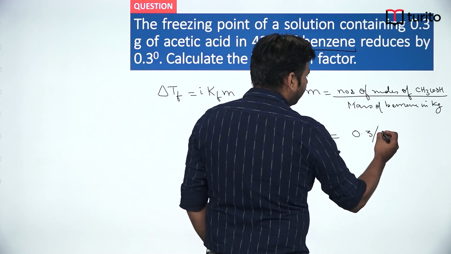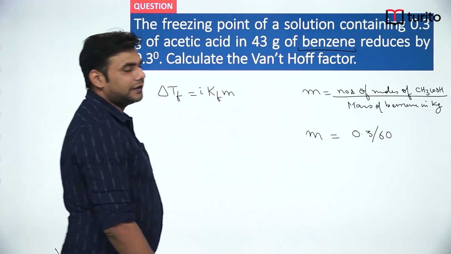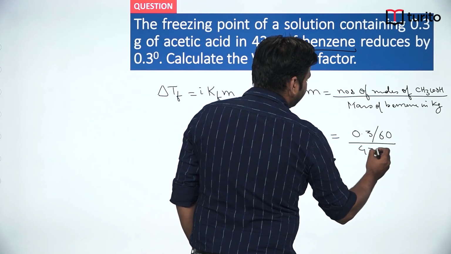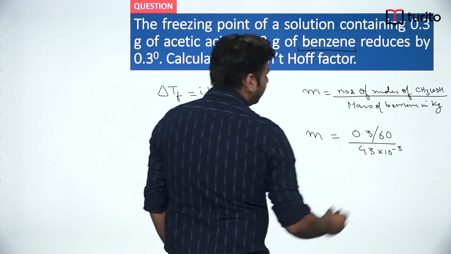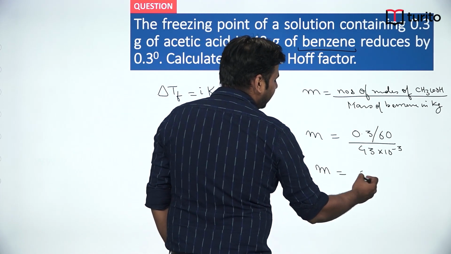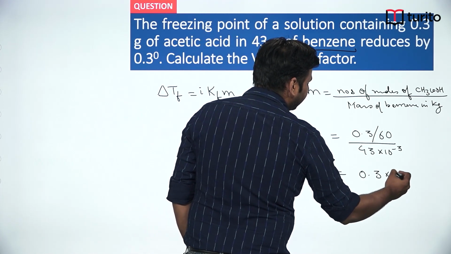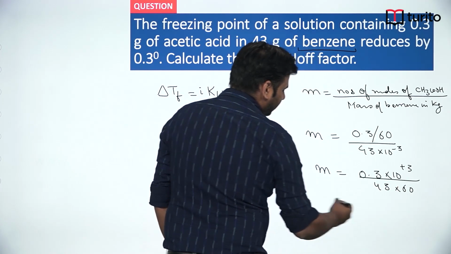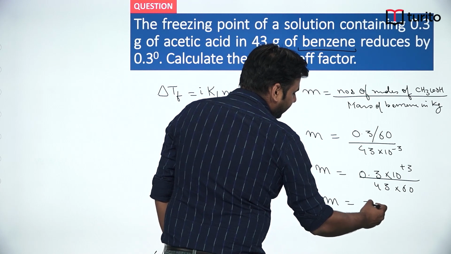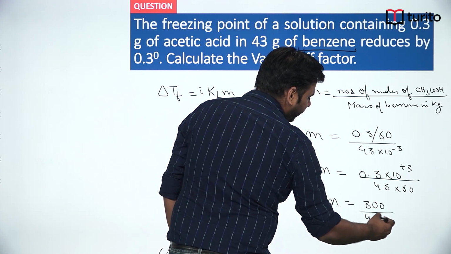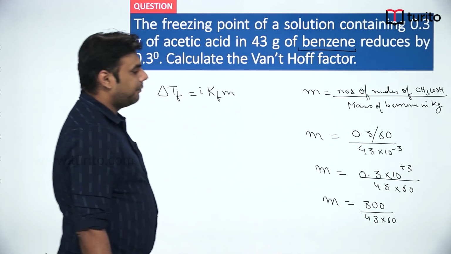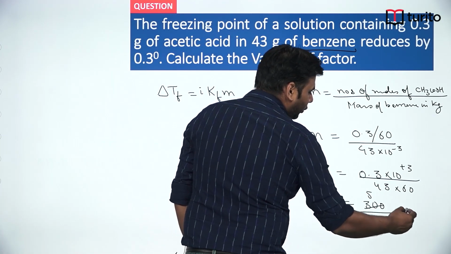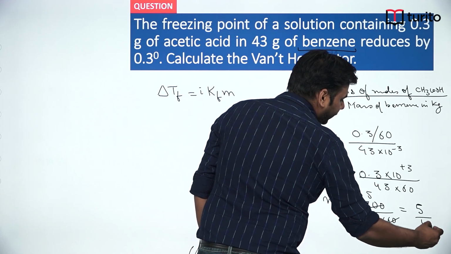So the molar mass of acetic acid is 60, divided by mass of benzene in kg. So this would be 43 into 10 raised to minus 3. Okay, so we can find the molality as 0.3 into 10 raised to power plus 3 divided by 43 into 60. Okay, so we'll get the molality as 300 divided by 43 into 60. Now this will cancel out 5, so molality is 5 upon 43.